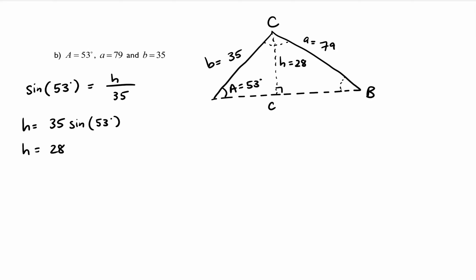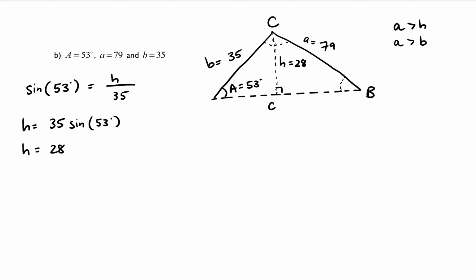Okay, now here we have that A is greater than the height. And so now we need to look at A in relation to B. And we know that A here is greater than B. And so we are in the scenario or case where we're only dealing with one triangle.